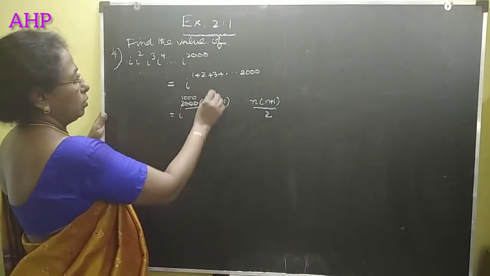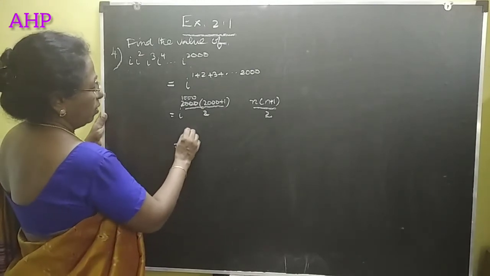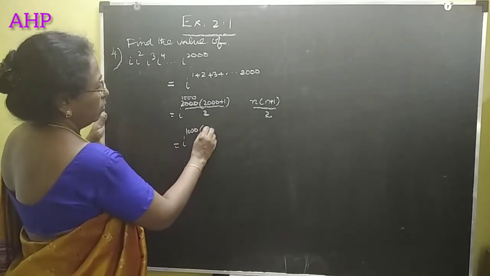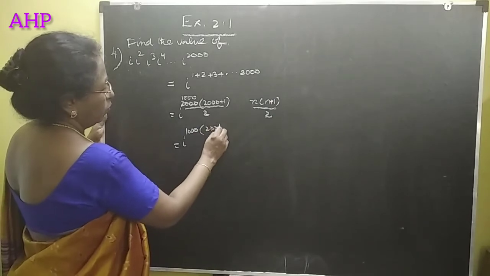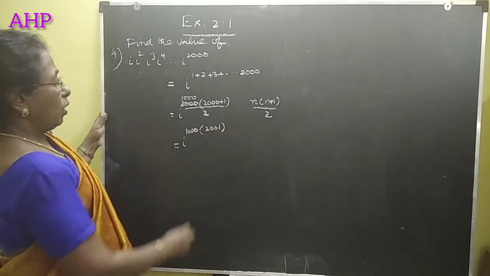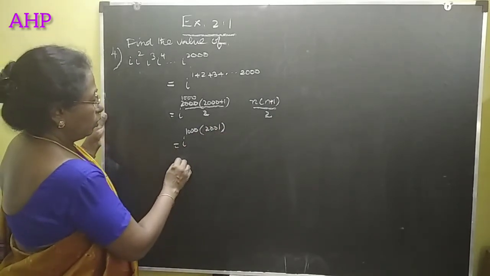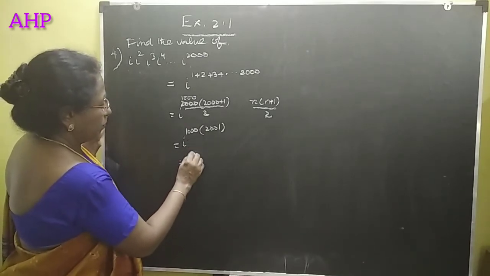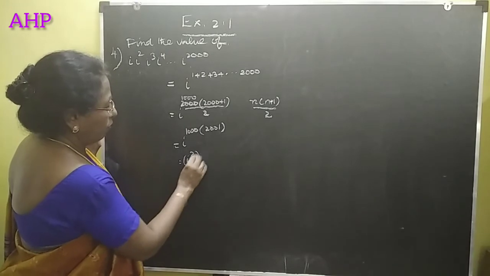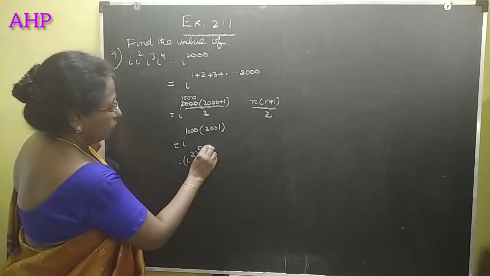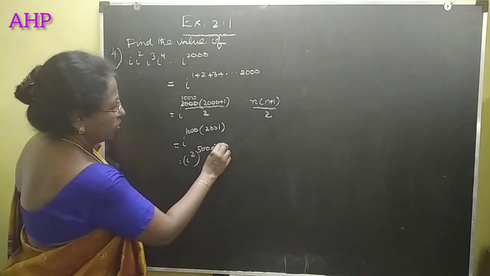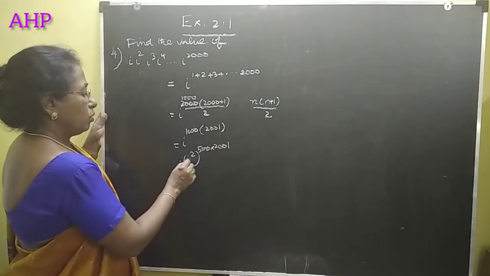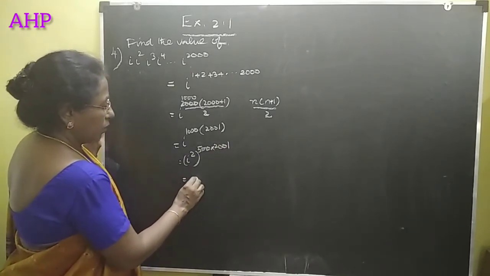i power 1000 into 2001. So i power 1000 into 2001, i power even, this can be written as i power 2 the whole power 500 into 2001. So i square value is equal to minus 1.